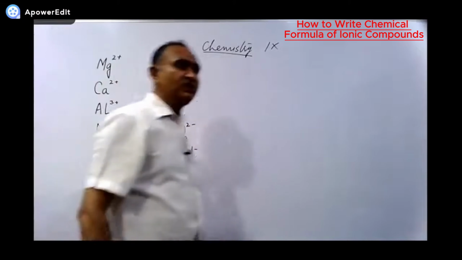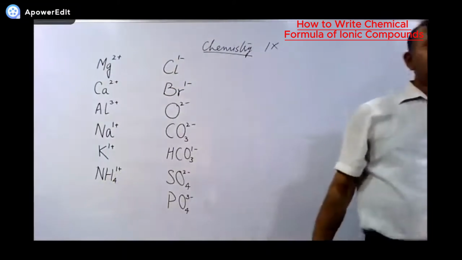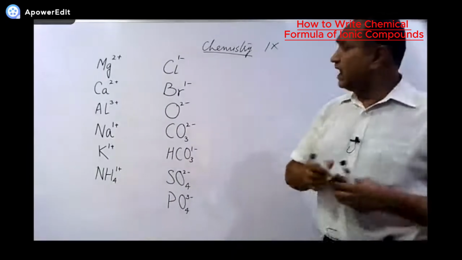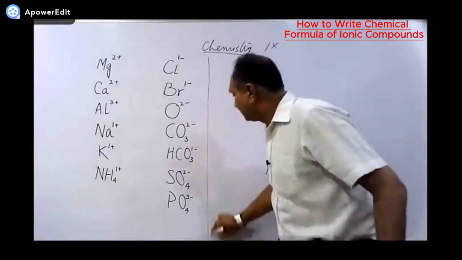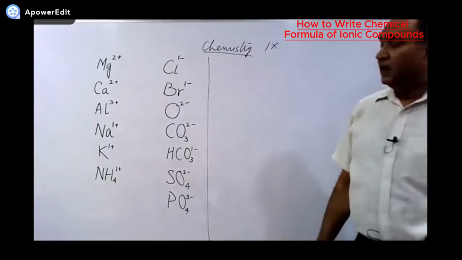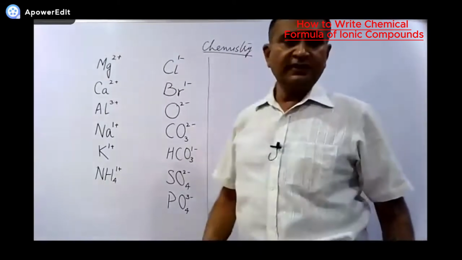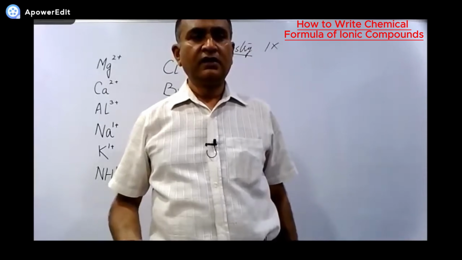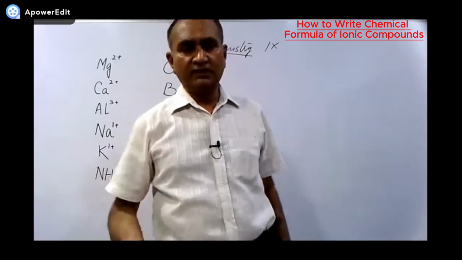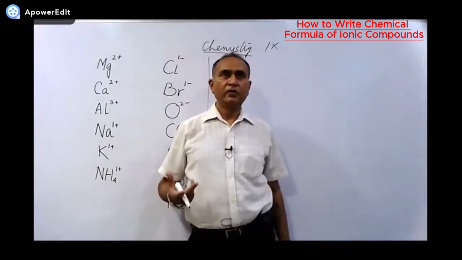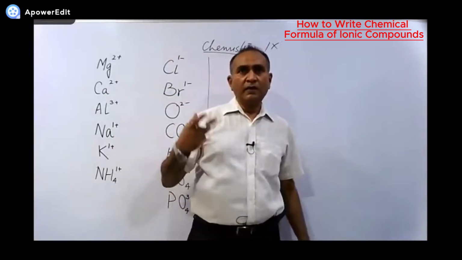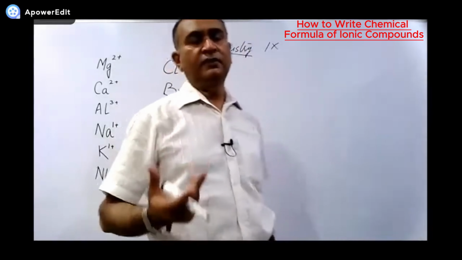So it's the revision. Such ions we discussed yesterday. In the last few minutes, what we did, we tried to make chemical formulas. Okay? We tried to make chemical formulas. How?